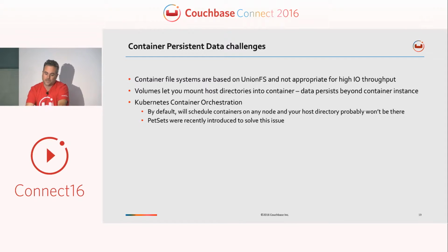There's something called pet sets from Kubernetes, which has been introduced to solve this issue. The reason it's called pet sets is because there's a saying that you should not treat your containers as pets with some individuality.